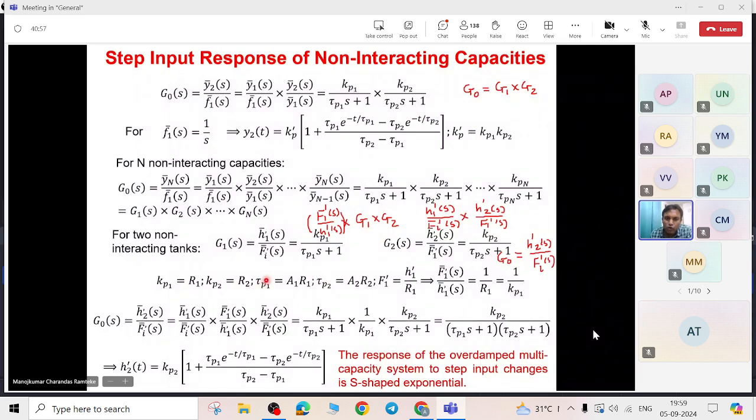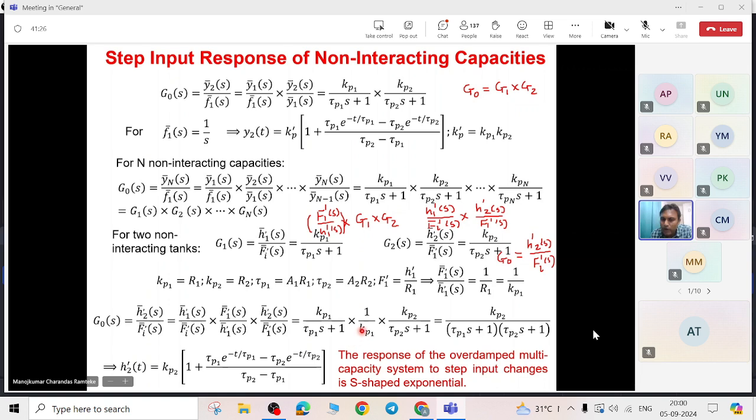Okay. So now with this multiplication, what are we going to get? If I multiply this, you can see that F1 by H1 is nothing but F1 dash S by H1 dash S, that is nothing but 1 by R1, and R1 is KP1. So this term is nothing but 1 by KP1. So now multiply here. This is the first transfer function, this is the second transfer function, and this additional term which we are multiplying here is 1 by KP1.